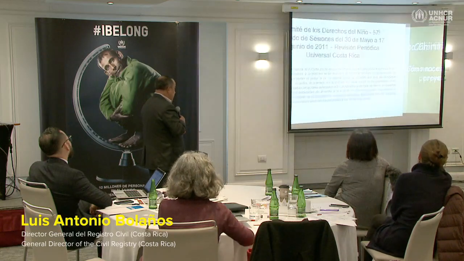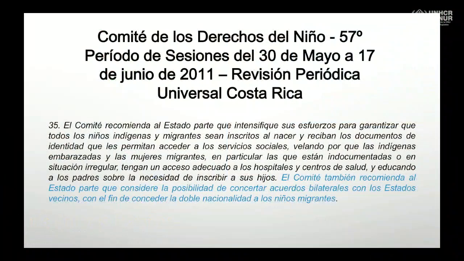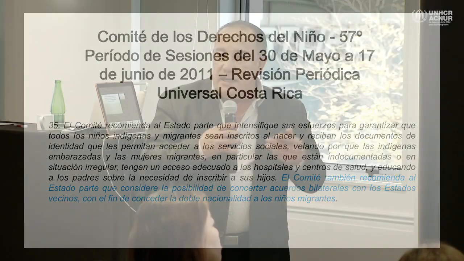How is this Chiriticos project born? There is a meeting of the Committee of the Children's Rights that expresses that in Costa Rica there is a migrant population that could be at risk of statelessness.